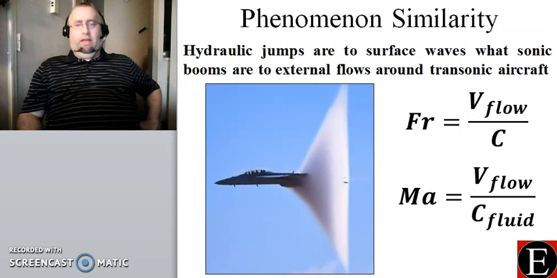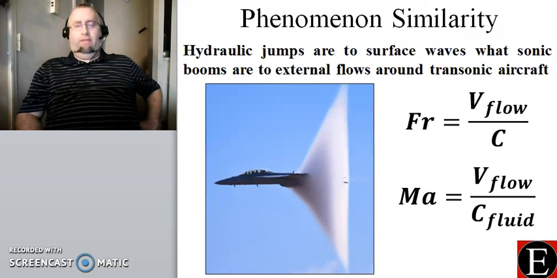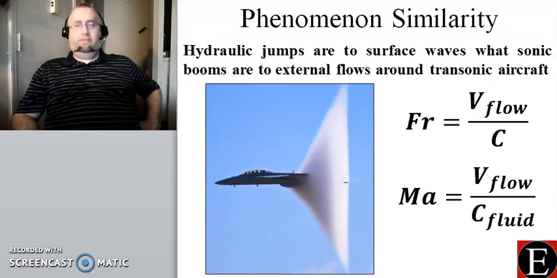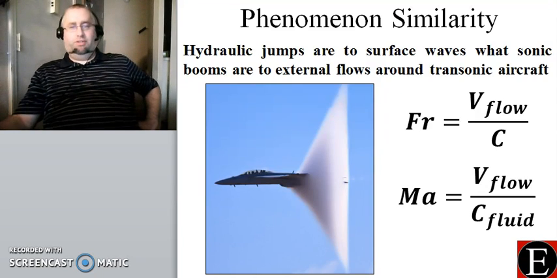So here, now that we have an equation for the Froude number, it's instructive to compare that equation to other similar equations, with the realization that hydraulic jumps are to surface waves essentially what sonic booms are to external flows around, for example, transonic aircraft.